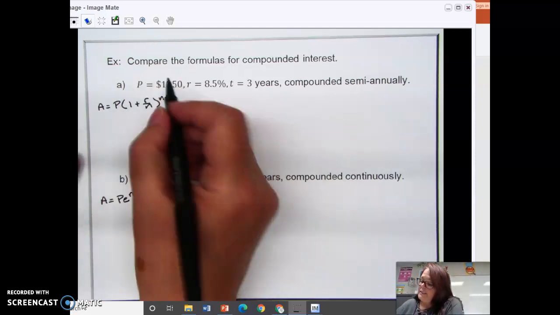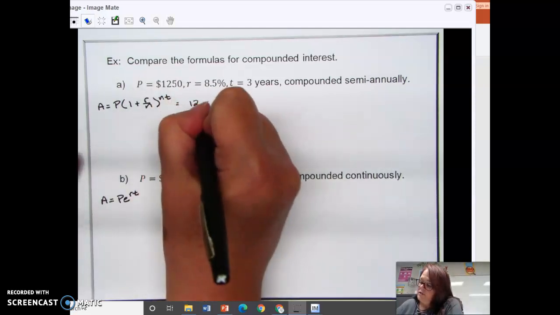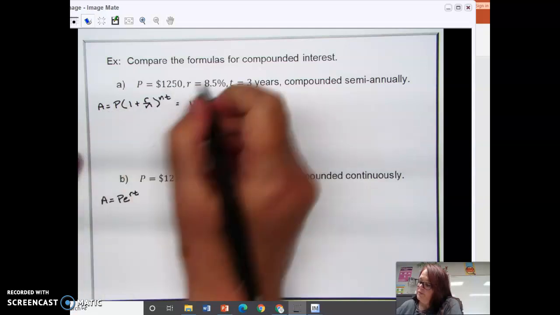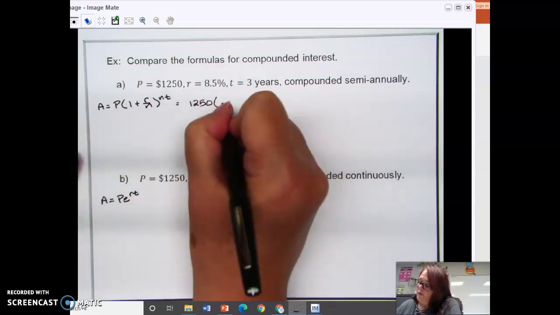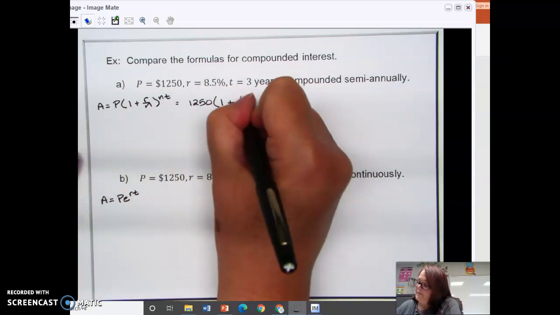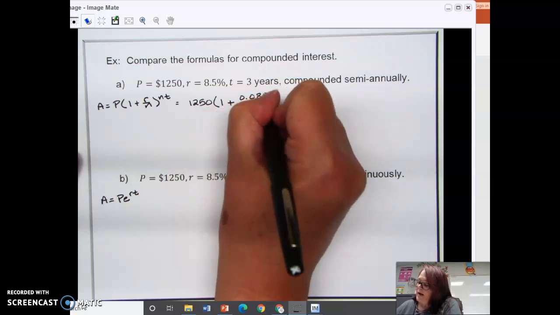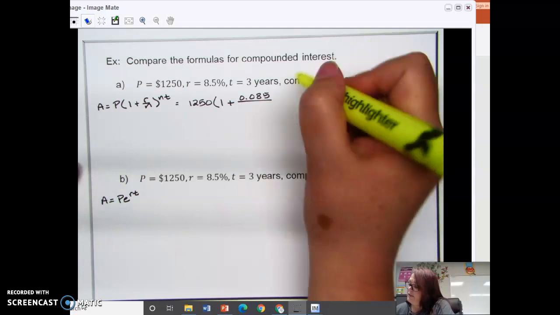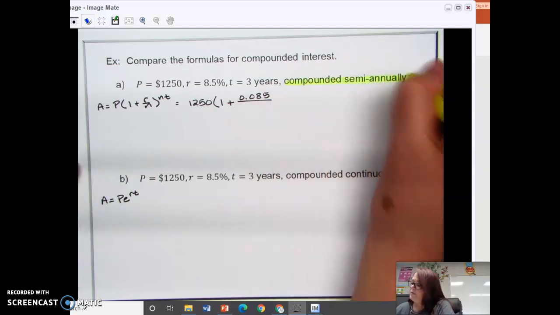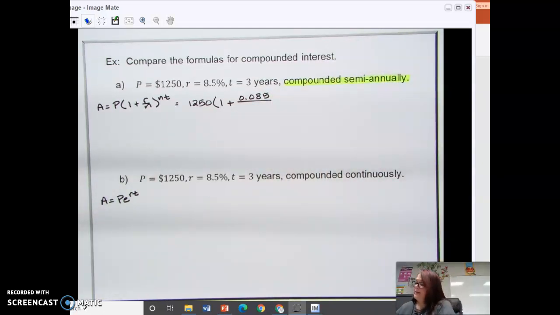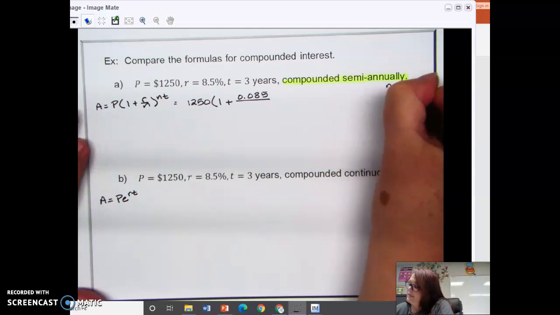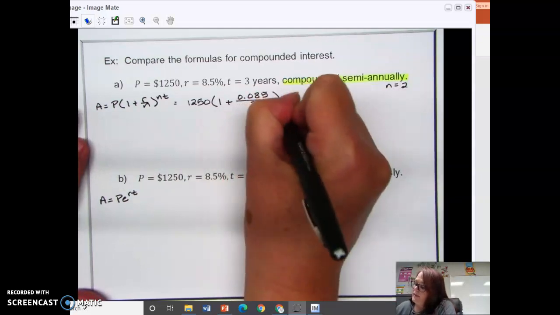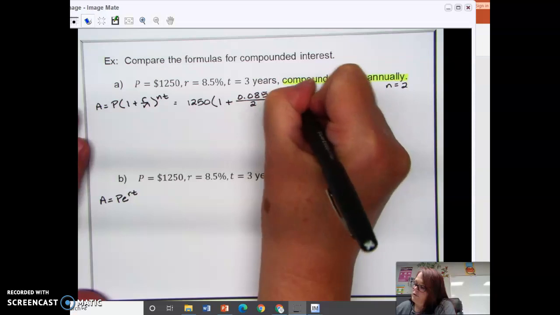So taking a look at this first one, we're going to have $1,250 as our principal. We've got 1 plus the rate, which is 0.085. The number of times per year is talking about how many times per year it's compounded. And so semi-annually means n is equal to 2, and then to the power of 2 times 3.